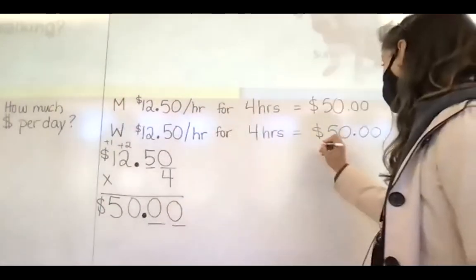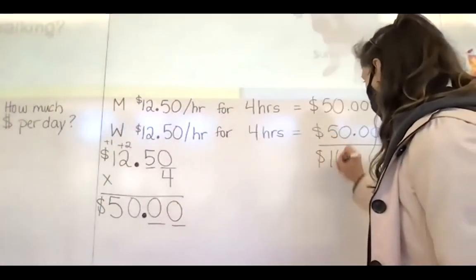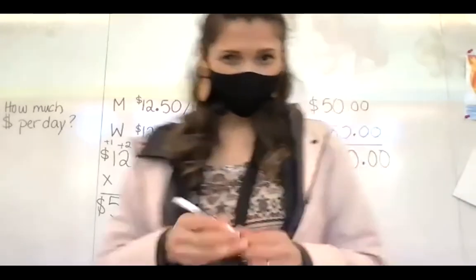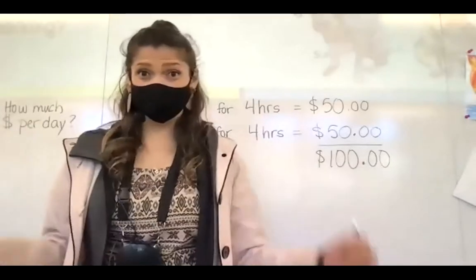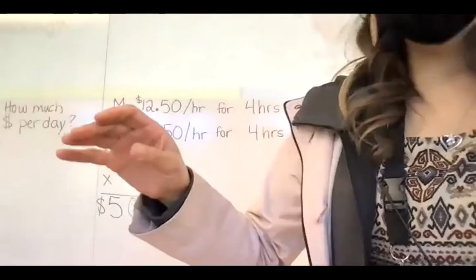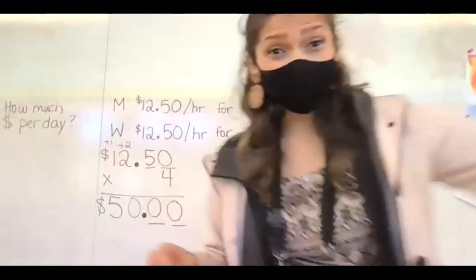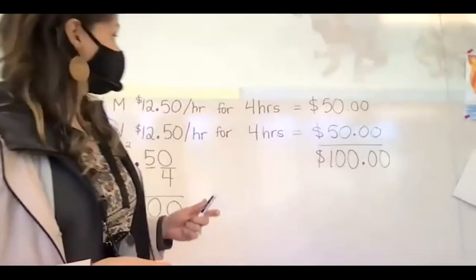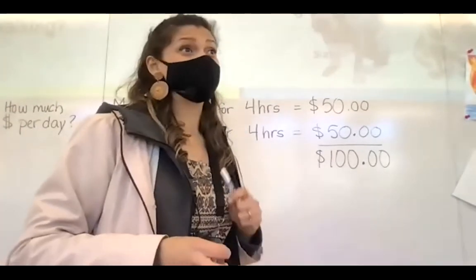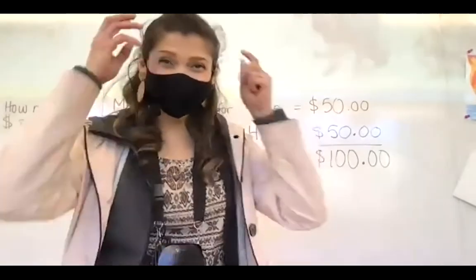Oh, wow. Is anybody looking at that number and saying, that is crazy? All right, so it's going to cost her $100 if she wants to get her dogs walked twice a week for 4 hours.